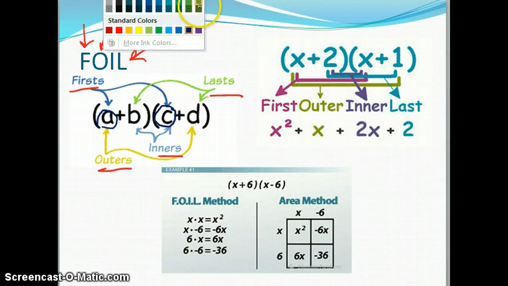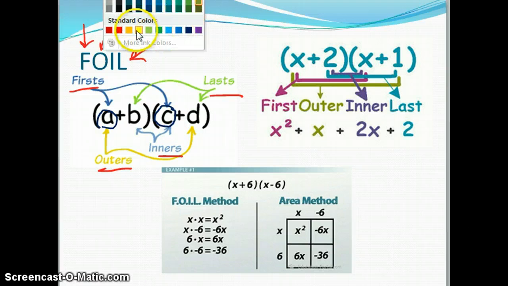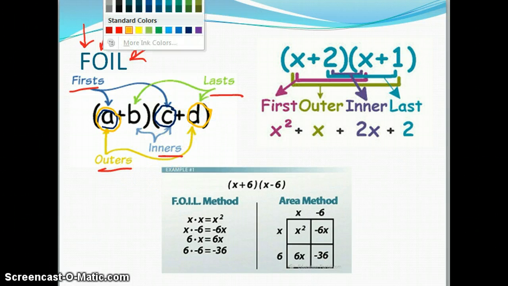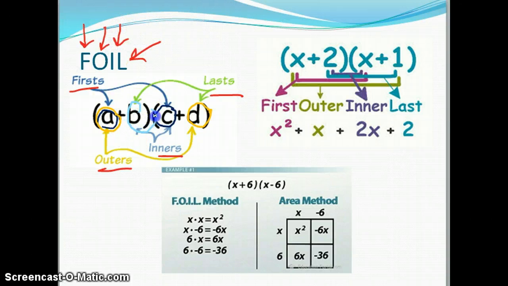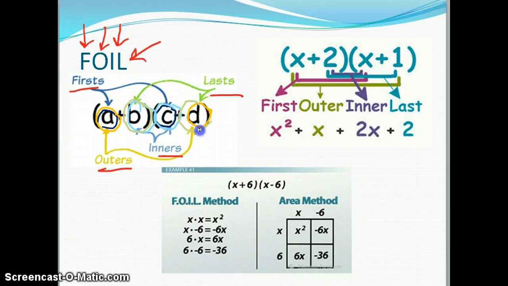Then you do your outers, because that's the O. So I do the ones that are on the outside, so now I multiply the A by the D. Then you're going to do the ones that are on the inside next, so that would be B times C. And then the ones that are the last in the parentheses would be B times D. That looks kind of messy, and when we go through an example, you will see it's not so bad.